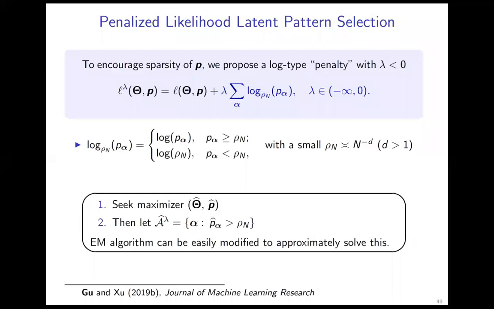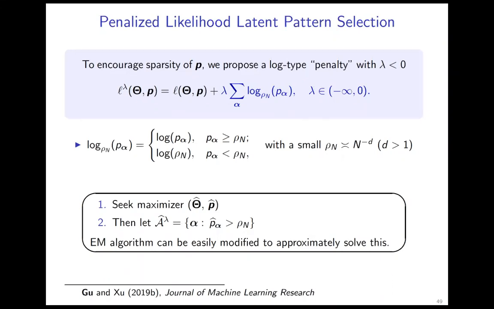For example, only 10 out of 1024. So actually the likelihood part is an overfitted mixture model, and in order to estimate the significant mixture components, we impose the regularization to empty out those redundant components. These are characterized by the sparsity structure of this vector P. So yes, it's very related to what you were talking about.